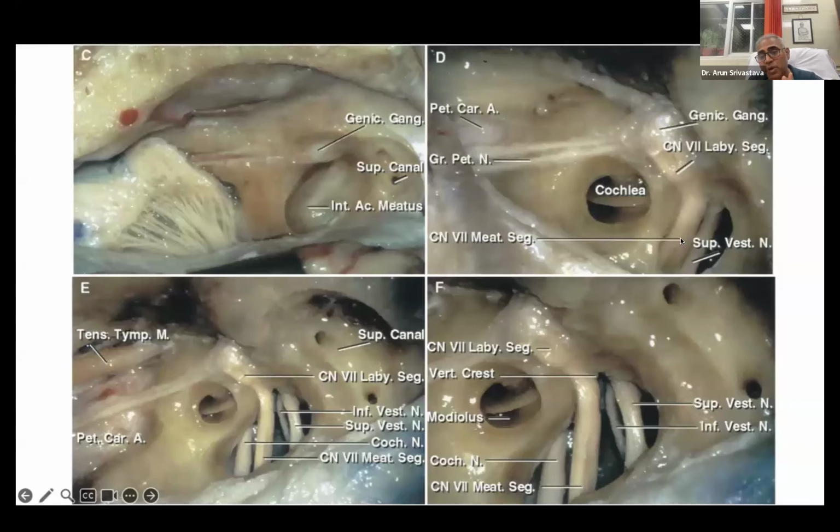And here, actually, they are slightly away from each other. So here you can do the bony drilling, and if required, only then is the dura divided. Otherwise, only bone is removed in large petroclival or trigeminal schwannoma cases. So these are the underlying structures in relation to your anterior petrous.